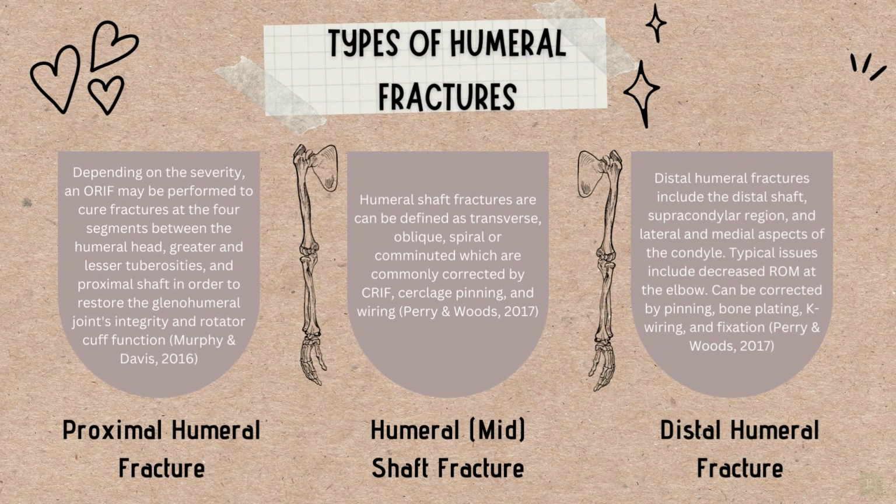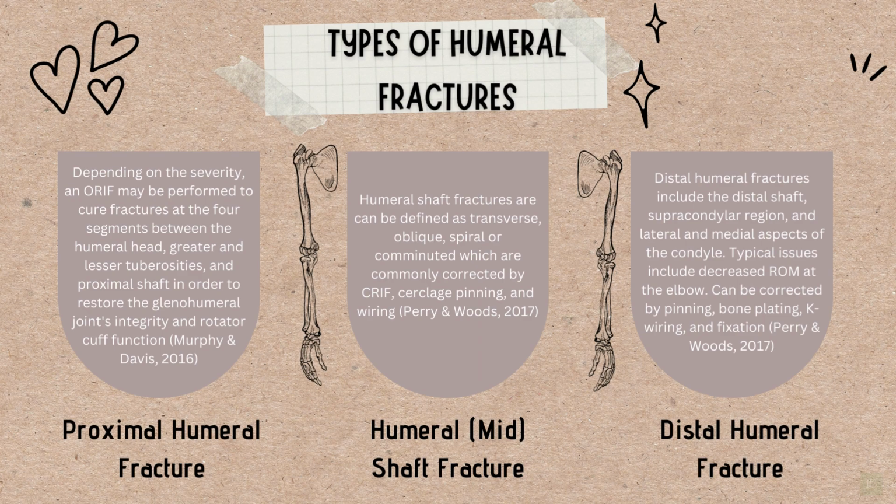So there are several different types of fracture, which some earlier were like stress, transverse, oblique. However, there are three different types of humeral fractures. So the first one is the proximal, and by the name, you can usually tell where it is. So for the proximal one, that's going to be near the humeral head, the greater and the lesser tuberosities, in the proximal shaft area near that glenohumeral joint.